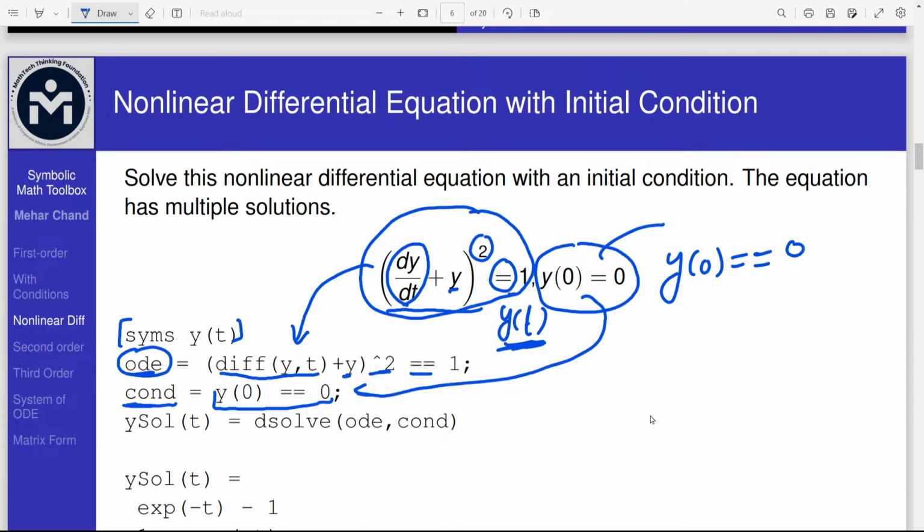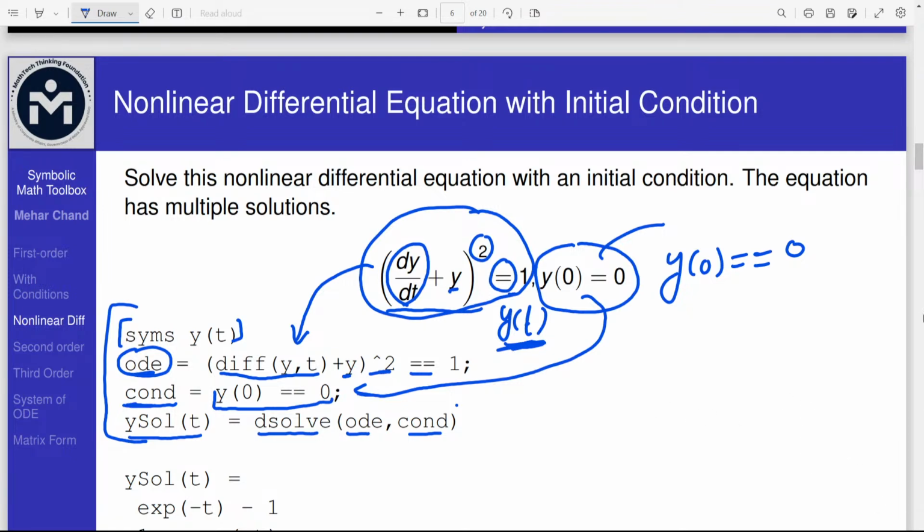Now we follow the same process to find the solution, and you can see here we are using the same statement: ySol(t) is equal to dsolve(ODE, condition). When you execute these statements, you will have the solution, which is at this place.